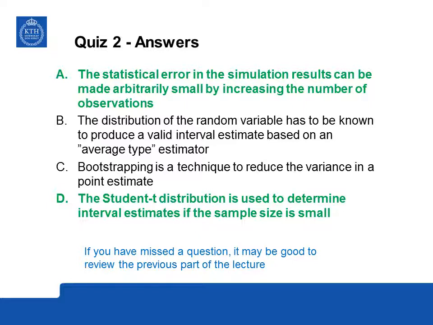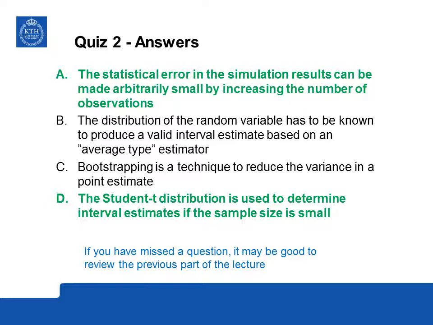And here are the correct answers. The statistical error in simulation results can be made arbitrarily small by just increasing the number of observations. That's true. The distribution of a random variable has to be known in order to produce a valid interval estimate based on an average type estimator.